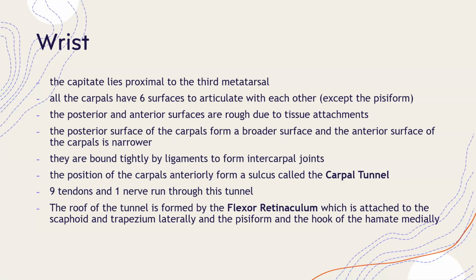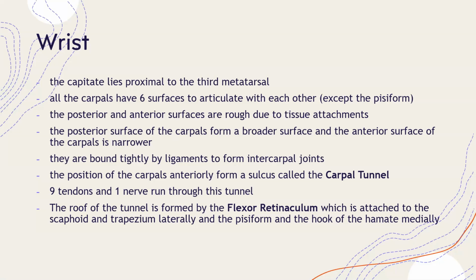These bones represent almost like a jigsaw puzzle fit together, and because of their nature, they're bound by lots of ligaments that form what are called intercarpal joints, holding all of these bones together very congruently.